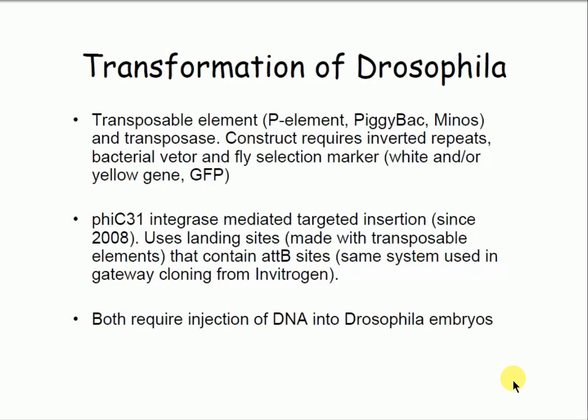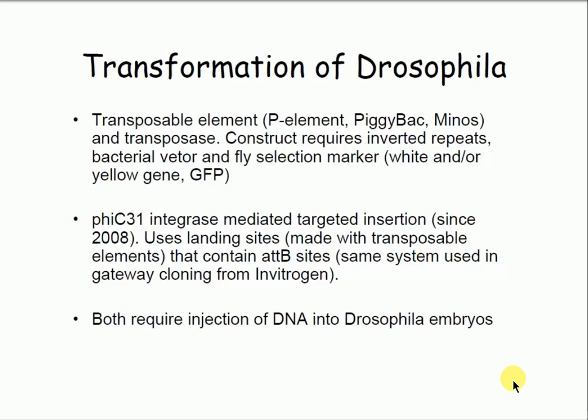And you can choose which landing site you want. And then if you inject your DNA into flies with this landing site and have this integrase, then it will integrate in this predefined position. And if you have different constructs, you can insert them all at the same position.